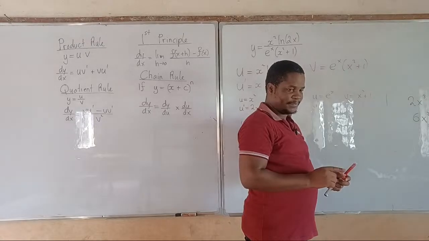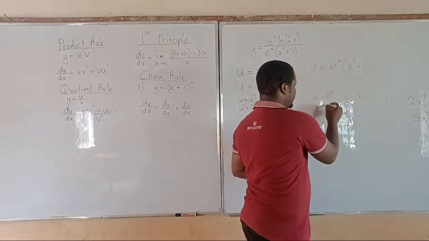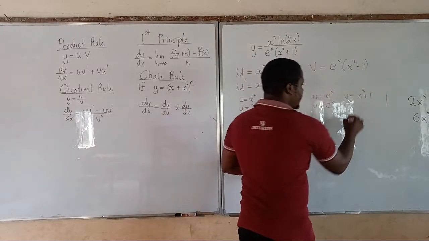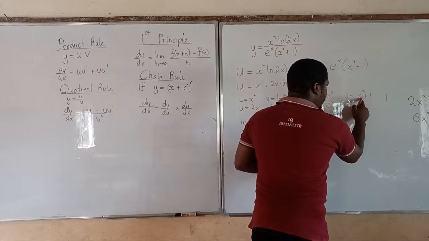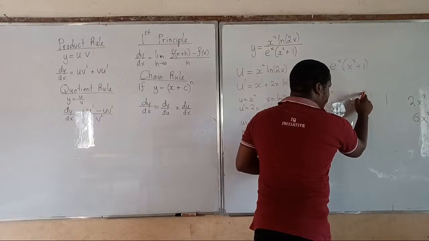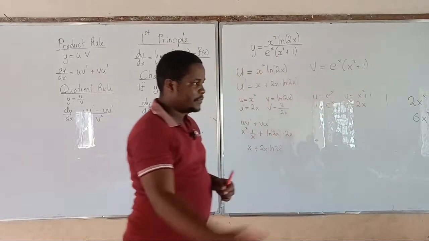Almost there. This guy doesn't change. So the derivative is e to the x. So v prime, what's the derivative of x squared? We say it's 2 times 1, which is 2. From the power, we subtract 1, so we remain with x. 1 is a constant. Derivative of a constant, 0.